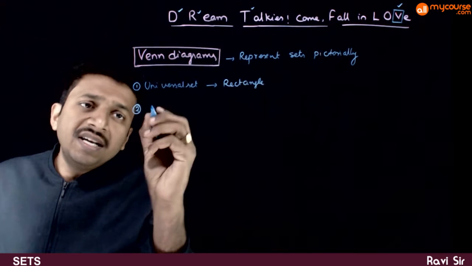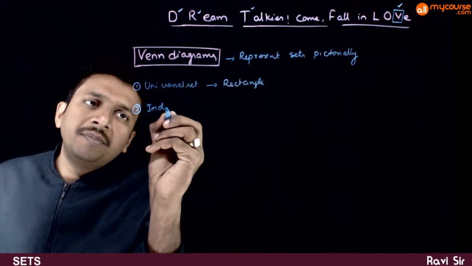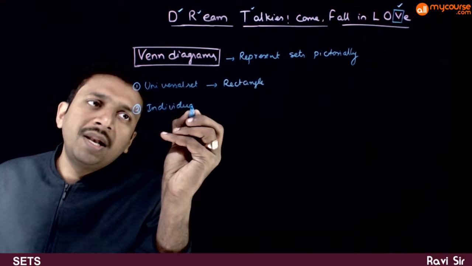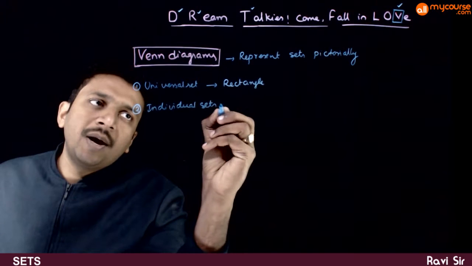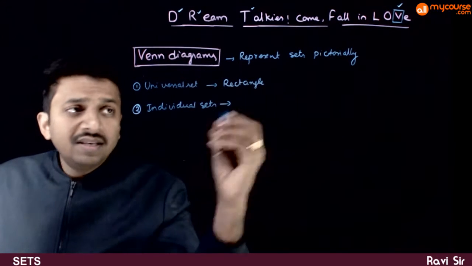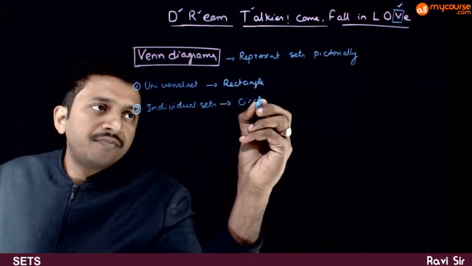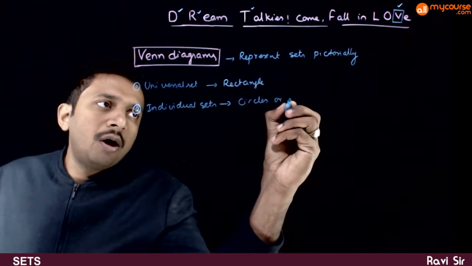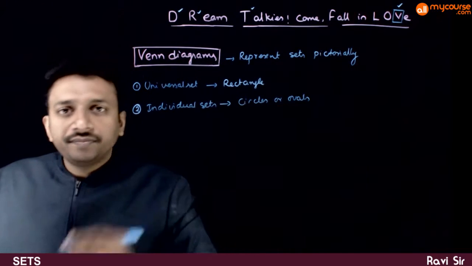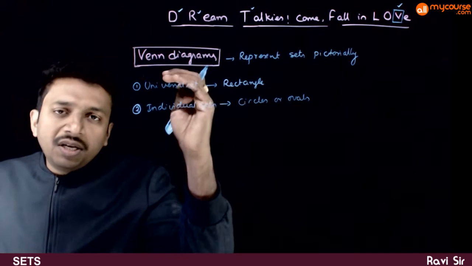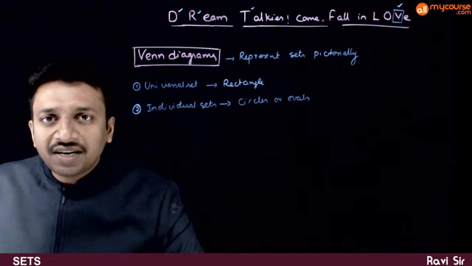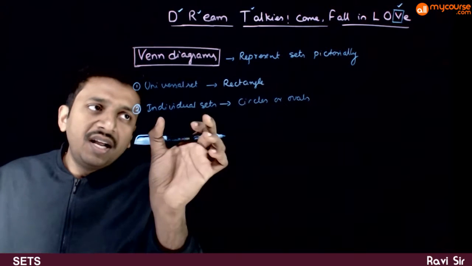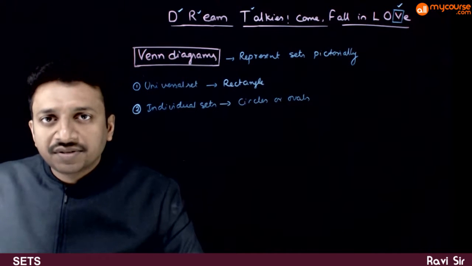And individual sets in the problem are represented by circles or ovals. So you need to remember these two. Universal set is a rectangle. Individual sets are circles or ovals.